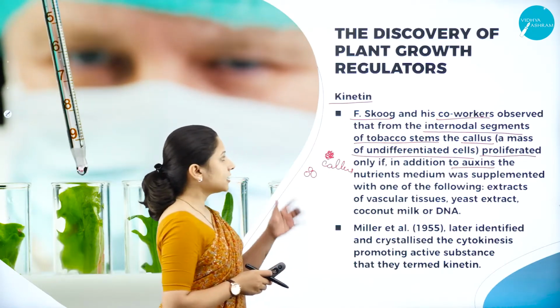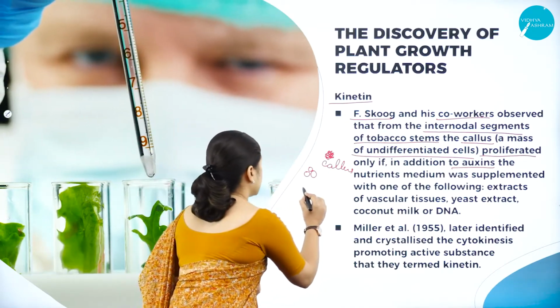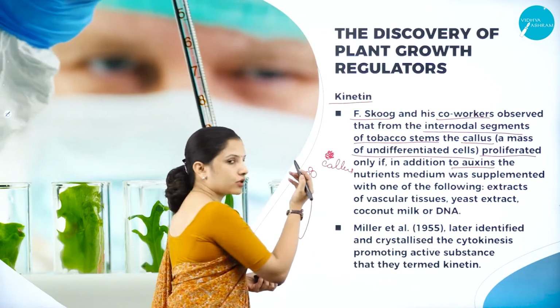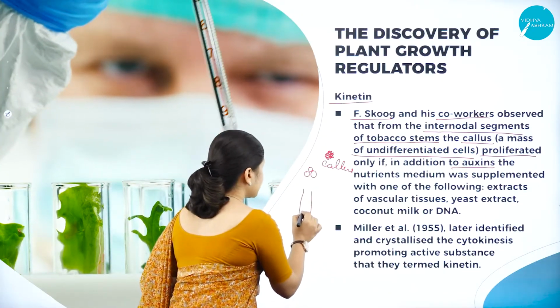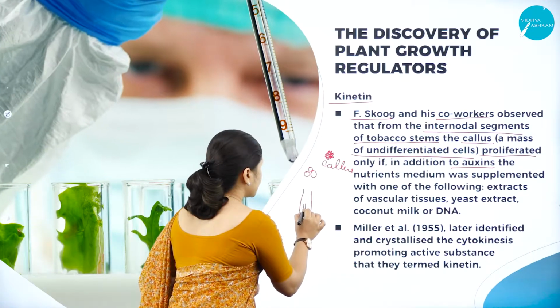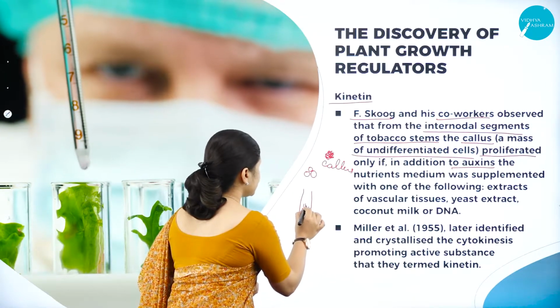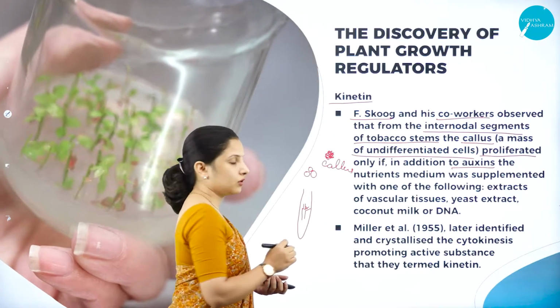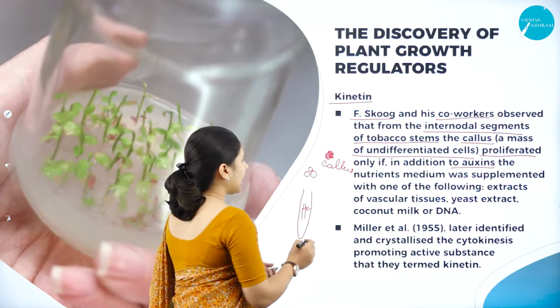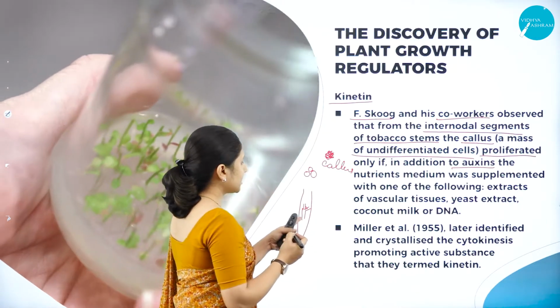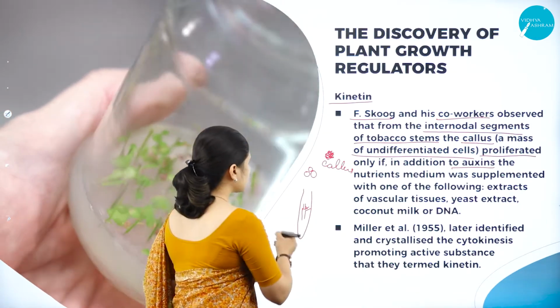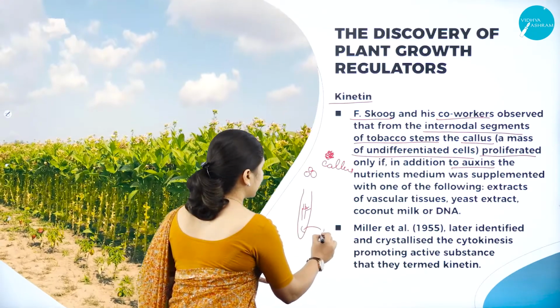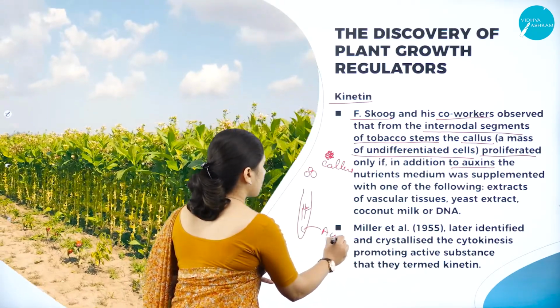So what they did was take a tube or a tissue culture bottle, and put the tobacco internodal region in it. When they put it in a nutrient media, they had added auxin to that media as well.